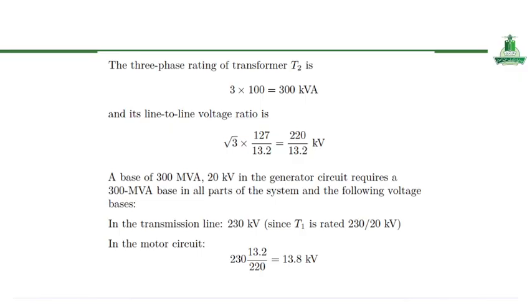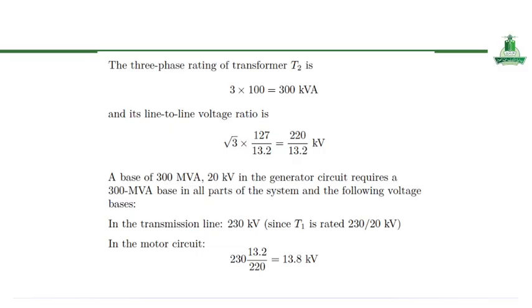All right. So this slide focuses on establishing consistent base values for per unit analysis across the entire power system. So first, transformer T2, which is composed of three single-phase units, is converted into an equivalent three-phase rating, since each unit is rated at 100 MVA.